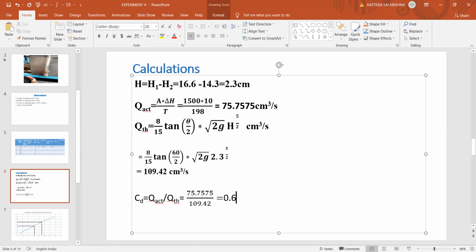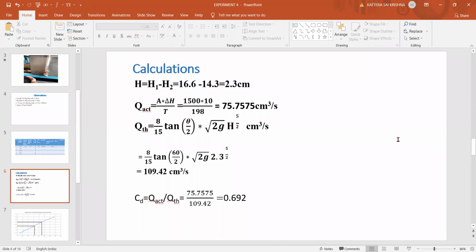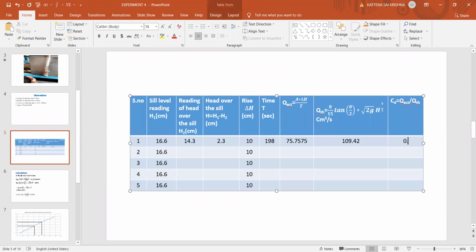Any other digit? One more digit. 0.692. So this completes our first reading.